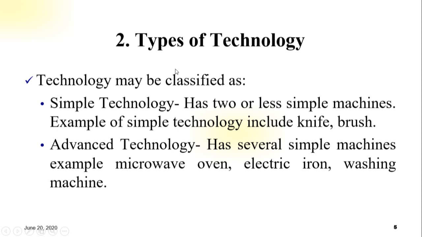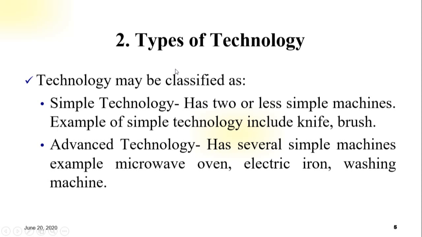And one more, advanced technology. Advanced technology has several simple machines, more than two, I mean 3 or 4. Examples are the microwave oven, to heat food, the electric iron, to iron the clothes, and the washing machine, to wash the clothes.